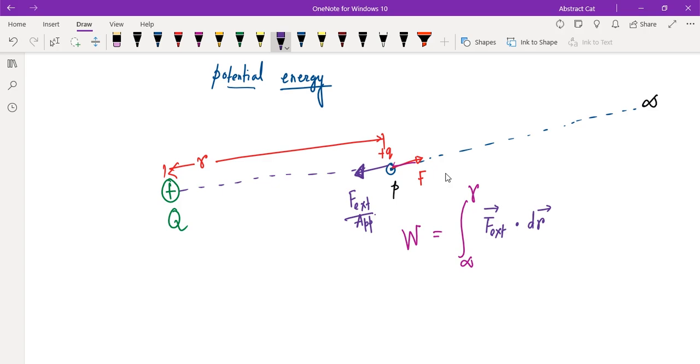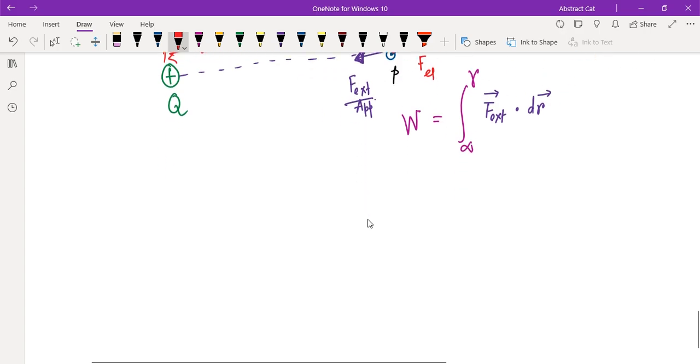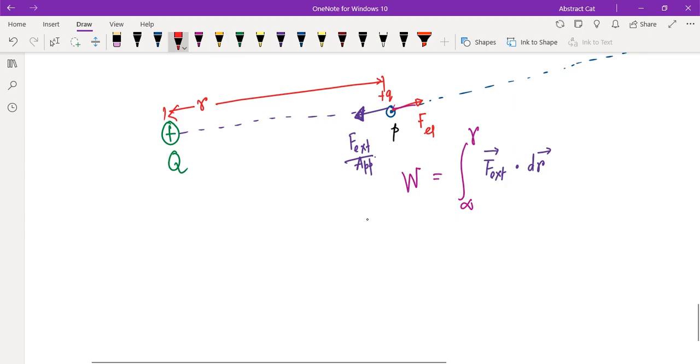And this external force and the repulsive force, or electrostatic force, these two forces are in opposite directions. So the integral from infinity to r, and the external force is in the opposite direction, so minus the electrostatic force dot dr, okay.